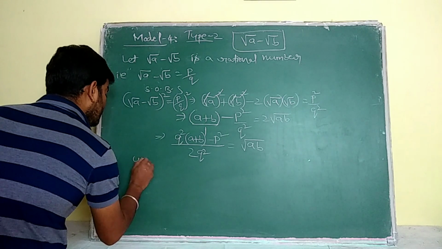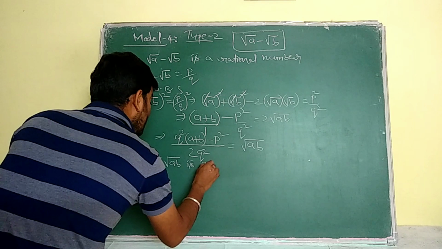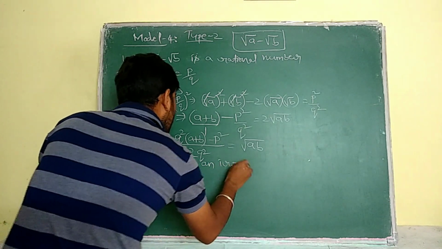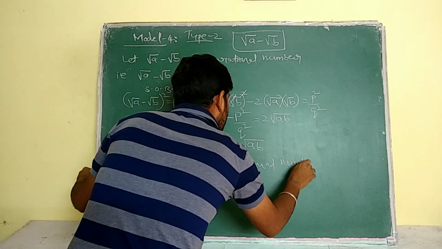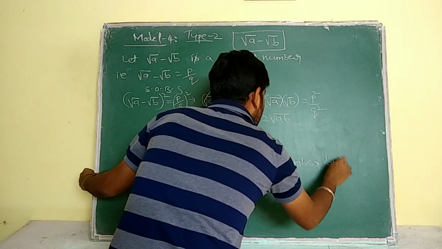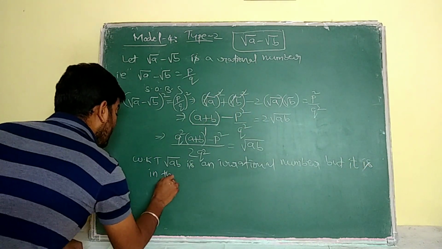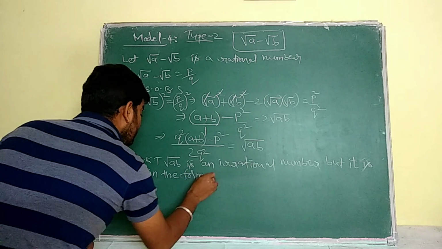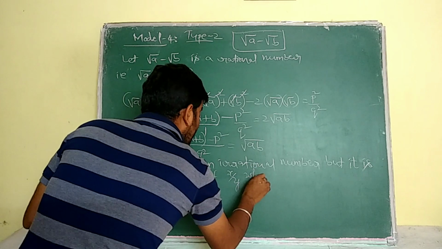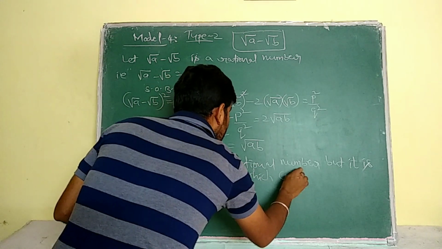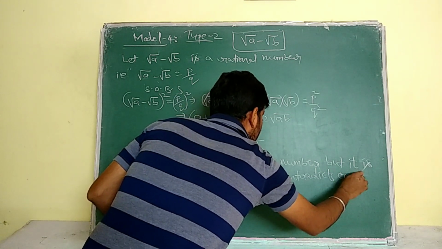We know that root ab is an irrational number, but it is in the form of x by y, which contradicts our assumption.